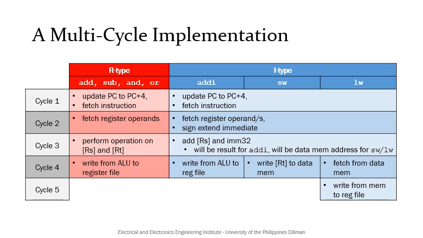At the fourth clock cycle, the fetched value from RT is saved to the data mem for store words. On the other hand, for load words, the fourth clock cycle is dedicated to fetching the data from the data memory. A separate clock cycle is dedicated for writing into the register file, just like how was done for the write back of R-type and add I instructions.